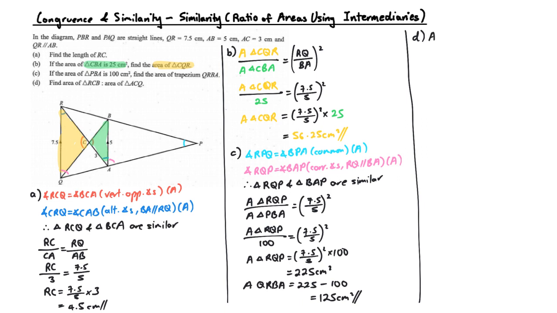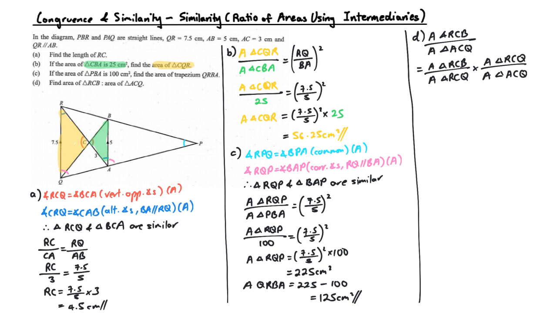So area of triangle RCB over the area of triangle ACQ can be written as area of triangle RCB over the intermediary area of triangle RCQ, times the area of triangle RCQ as the intermediary, but this time on top, over the area of triangle ACQ.